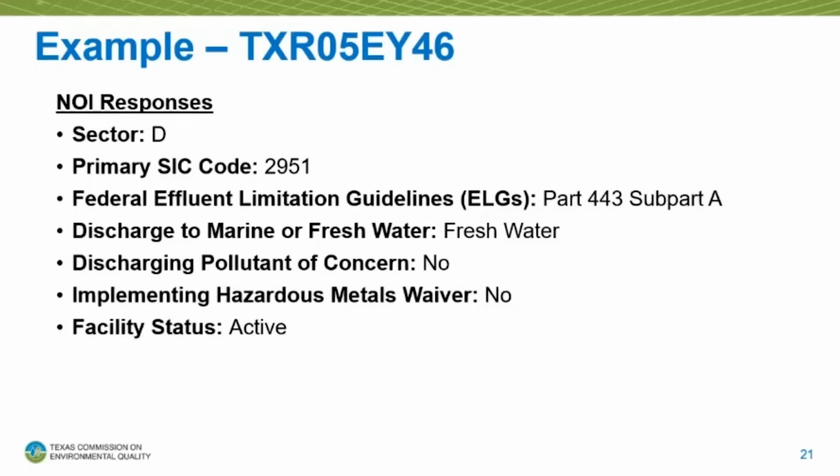They identified that they are subject to the federal effluent limitations in 443 subpart A. They discharge to freshwater. They don't discharge that pollutant of concern, and they're not implementing a waiver from hazardous metals, and their facility is active. So based on these responses, we can then tell what should be showing up in Net DMR for them.